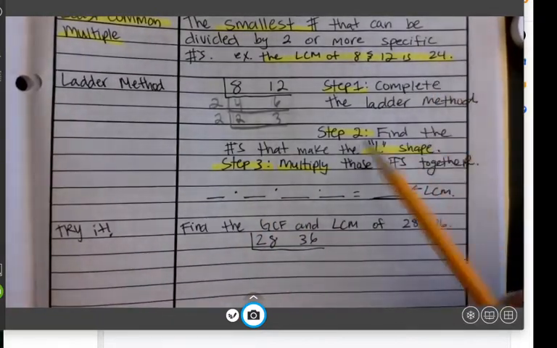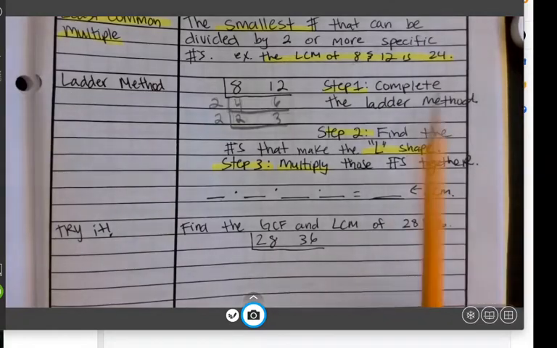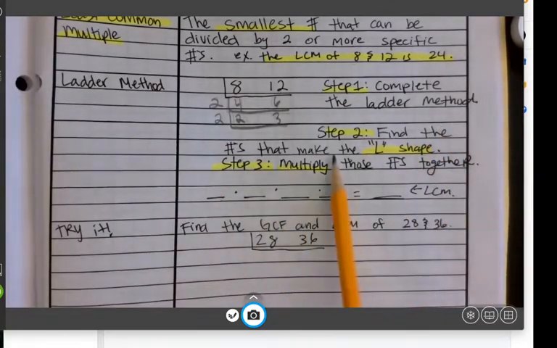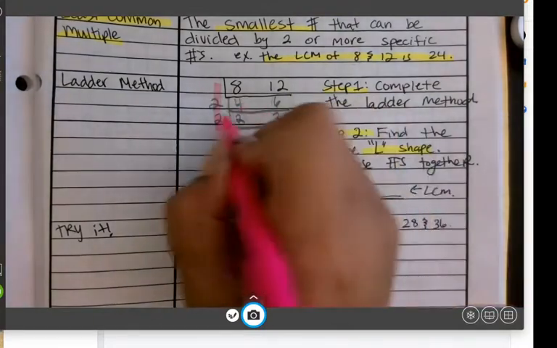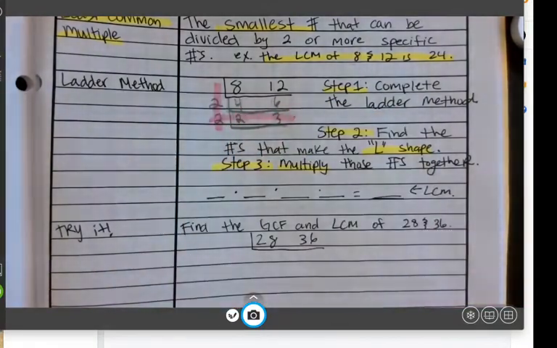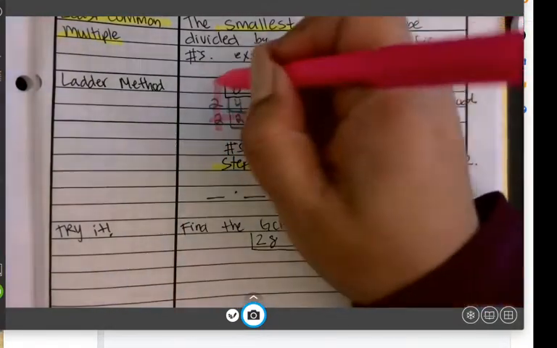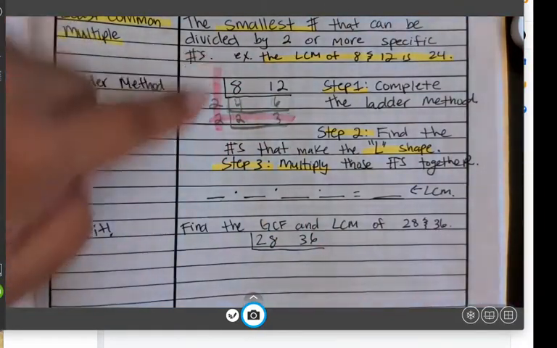The next step, step 2, is to find the numbers that make the L shape. That means the numbers on the outside that make an L, the vertical numbers and the horizontal numbers. You can see it makes an L shape.